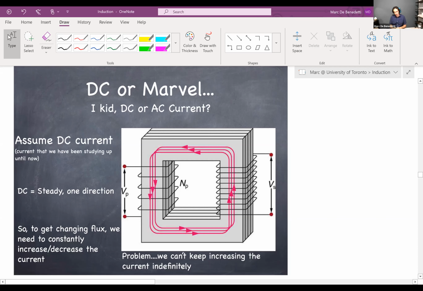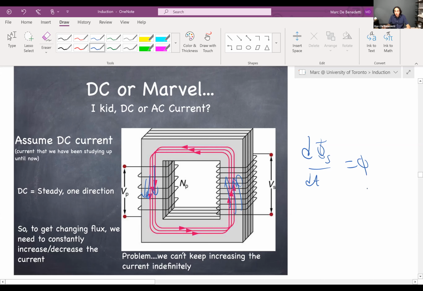Well, if we had DC current, then the field lines generated by the primary would be constant. If the field lines from the primary are constant, then they're going to be constant traveling through the secondary. And if they're constant traveling through the secondary, then the change in flux through the secondary will equal 0.